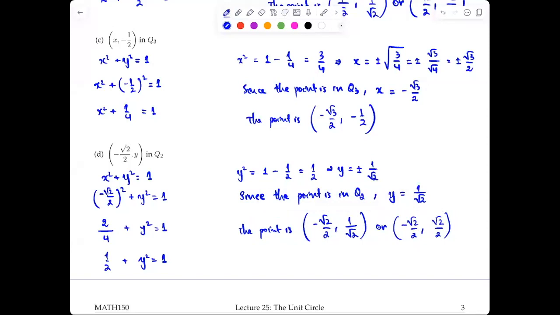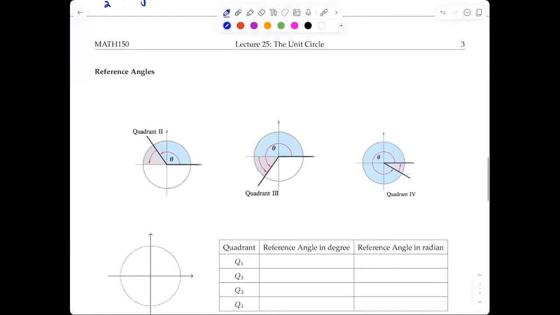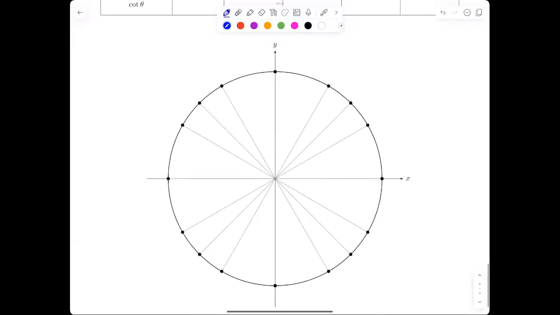So we're going to move on to something else. So why are we doing all of this, right? So the idea is that at the end of this lecture, with all of the information that we collect so far, including lecture 23, lecture 24 yesterday, the ratio, whatever we're going to do, we will be able to fill out all the information here.